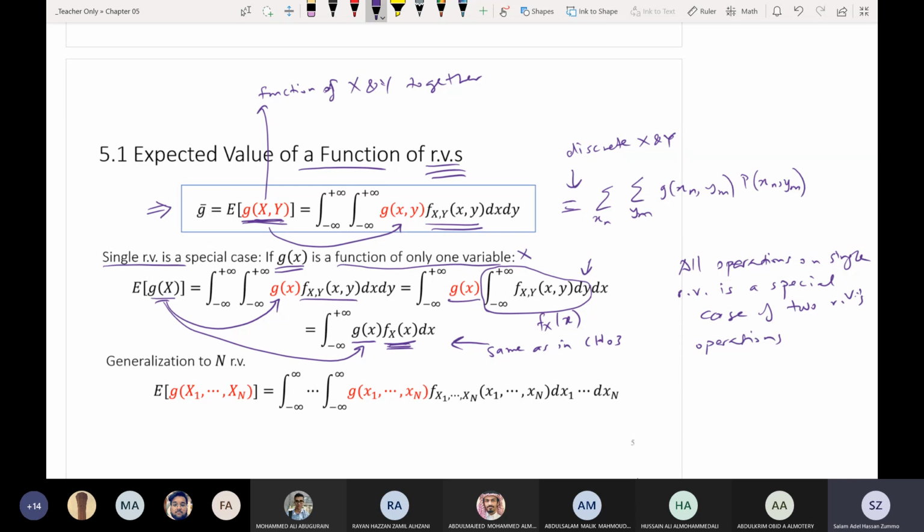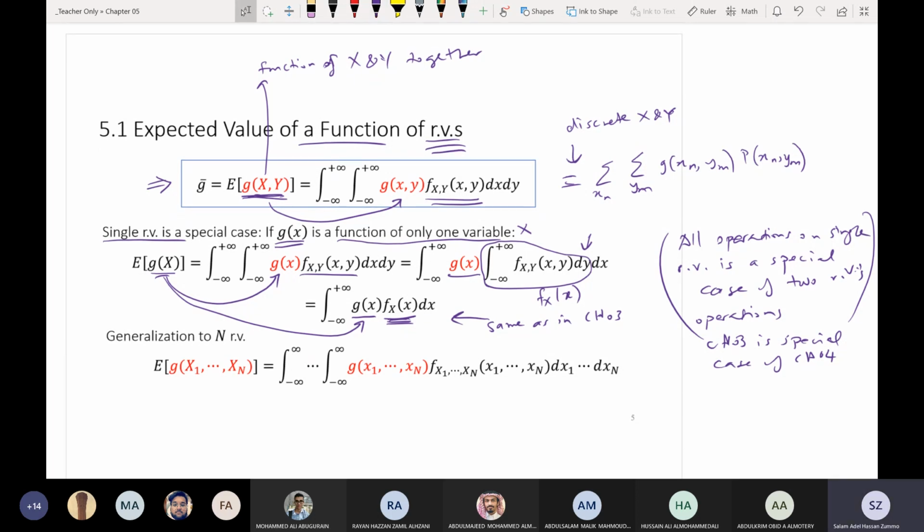So you will see that chapter 3 is a special case of chapter 4. Very similar as we have seen that chapter 2 was a special case of chapter 3. All the things we talked about in chapter 2 we generalize for two random variables or more. Is it clear, guys?